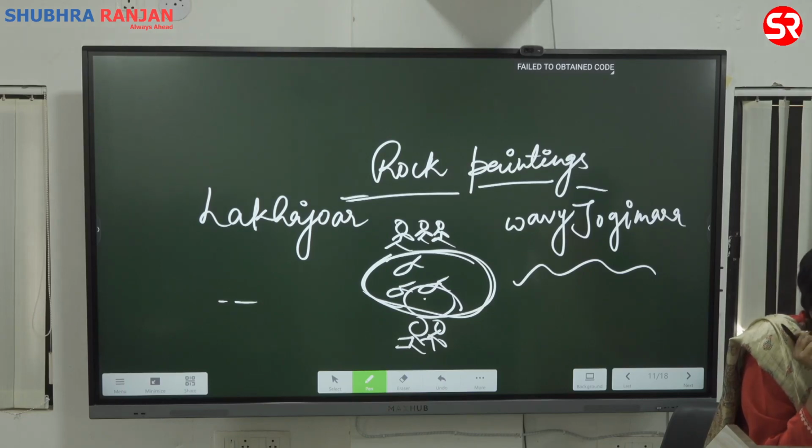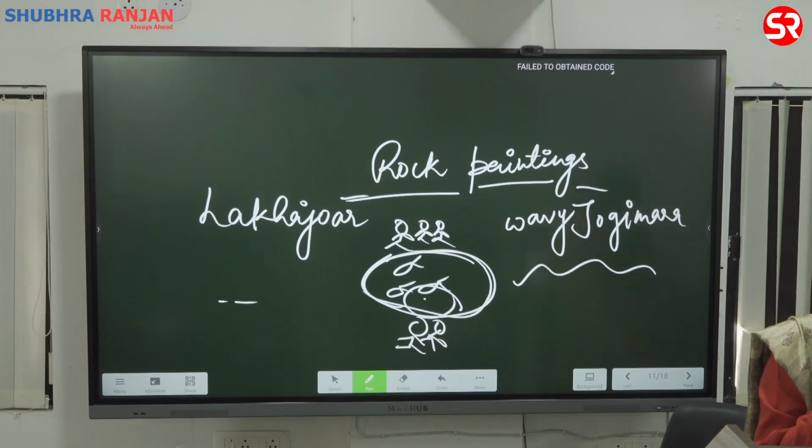These paintings probably had a utilitarian purpose, such as passing on the knowledge.